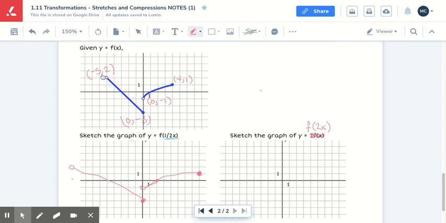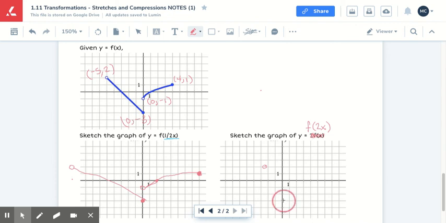So for my first point, -5, 2, the x value is -5. So when I divide that by 2, I'd get -2.5, 2. And so I'd have an open circle there. My y-intercept here, 0, -3. When I divide its x value by 2, I get still 0, -3.